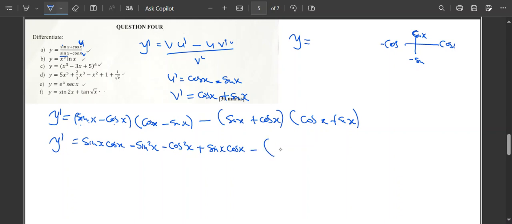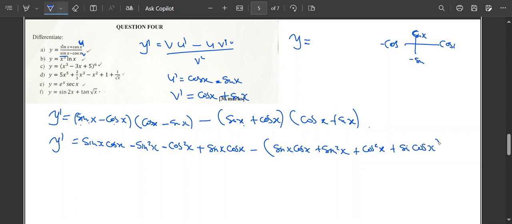So I'll come here, okay? Then this time that will be sine x cos x. Then again, this time that will be plus sine squared x. Then this time that will be plus cos squared x. Again, cos times sine, that will be sine x cos x.